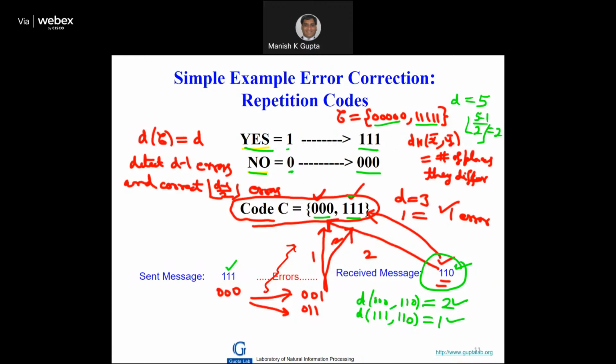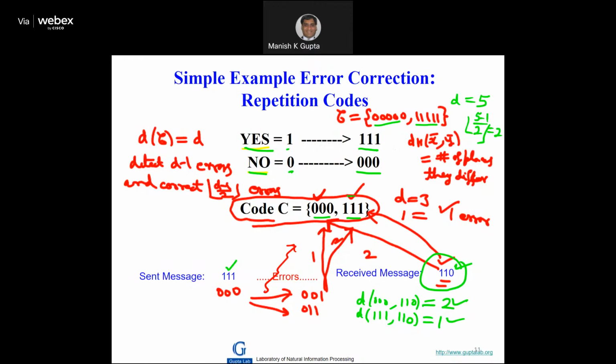If I send 1 across the channel and suppose the bit is flipped, 1 becomes 0, then it will be difficult for us to tell how to correct the error. I will not be able to correct it. If I send 0 and it becomes 1, or if 0 stays 0, it's fine. But it may flip because of the error. So I am assuming that flip errors are happening, which is quite common.